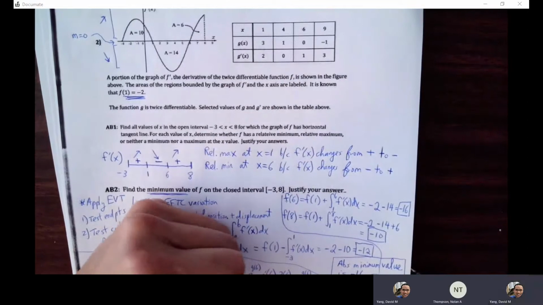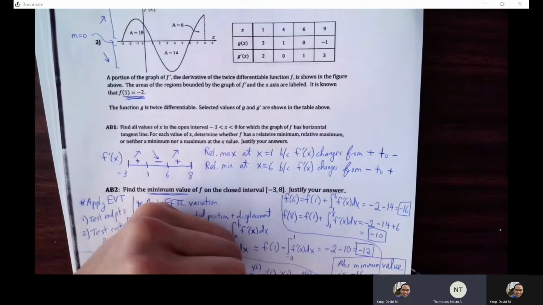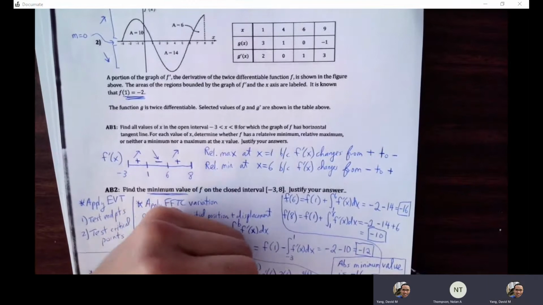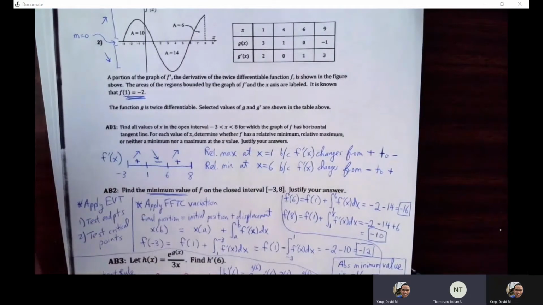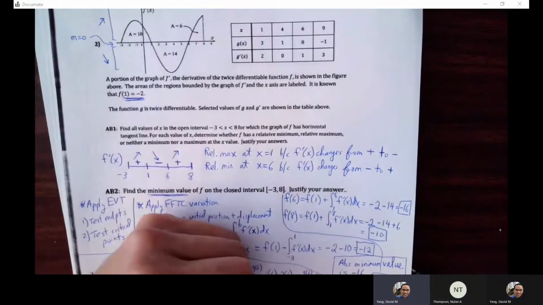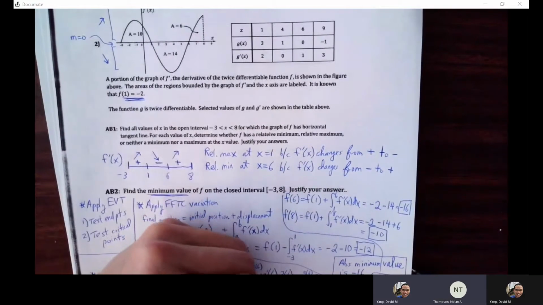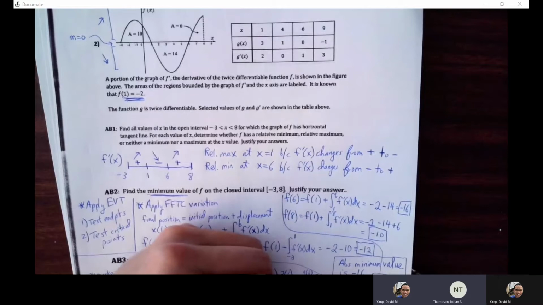Times 18, so it'll... Wait, e to the 0, does that become 1 or 0? It becomes 1. Okay, so it'll be 18 eventually, but minus e to the 0 again times 3 over 18 squared, over 324.